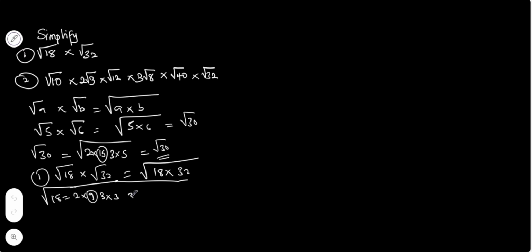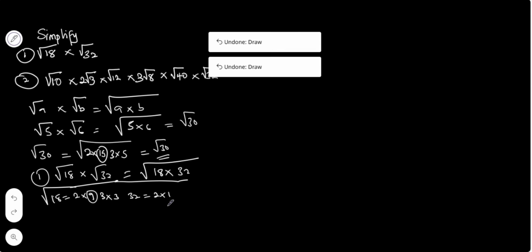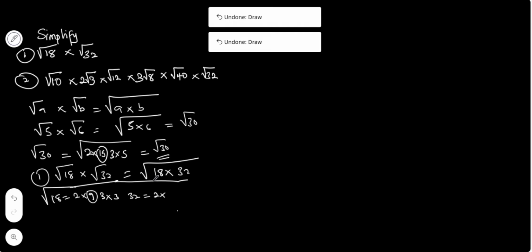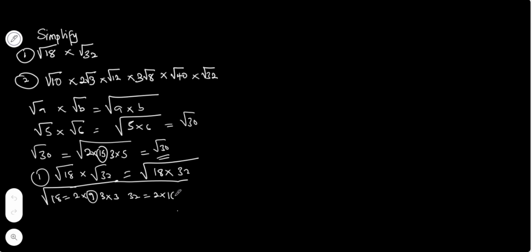Then 32 is the same thing as 2 times 16. 16 is the same thing as 2 times 8. 8 is the same thing as 2 times 4. And then 4 is the same thing as 2 times 2. Now, we can write all of these as one single sum.